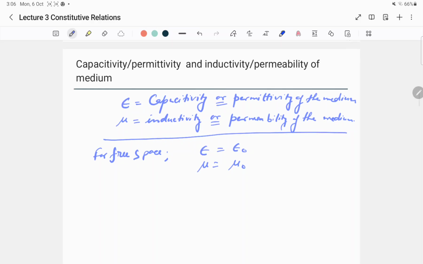There is a relationship between epsilon and epsilon naught as well as mu and mu naught, and that relationship is epsilon is equal to epsilon r epsilon naught and mu is equal to mu r mu naught, where epsilon r and mu r are called the relative permittivity and relative permeability of the medium.